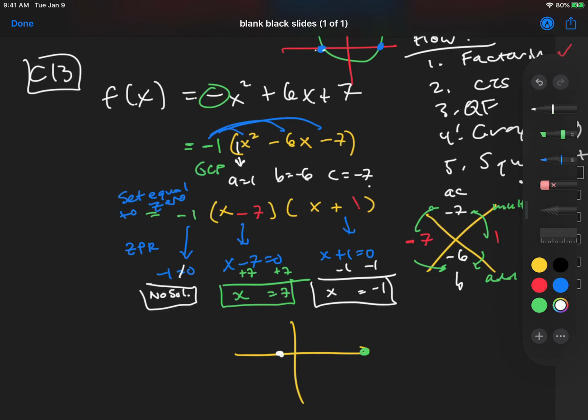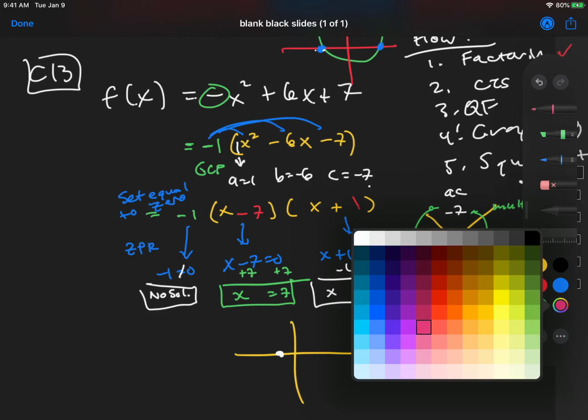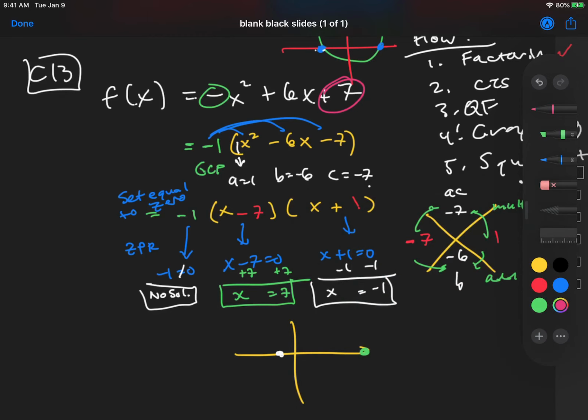If you go to the original problem, my C value is 7, so +7. And because the original problem has an A of -1 up here, that means the graph is going to open down. So something like this. And remember that folding point, that is the axis of symmetry.